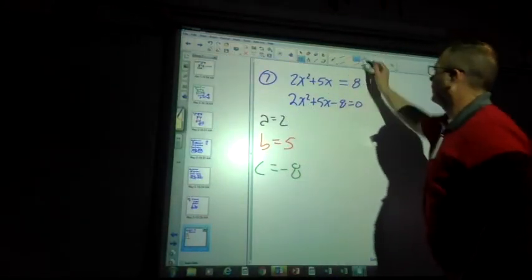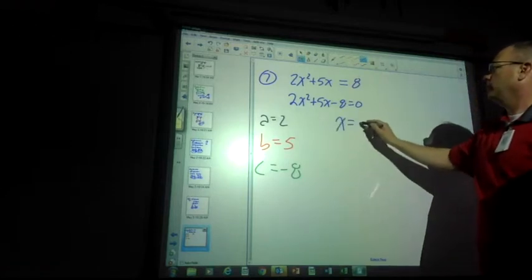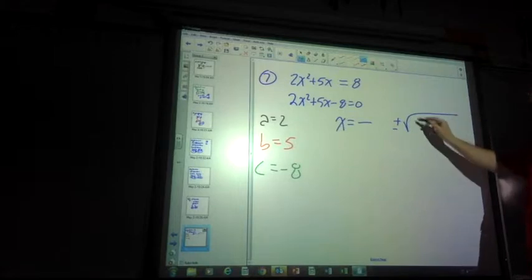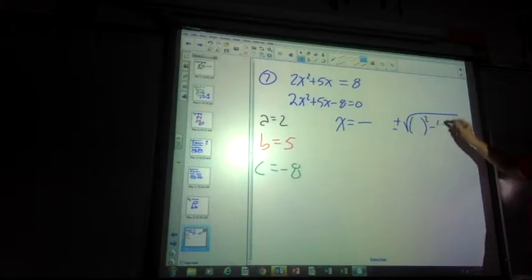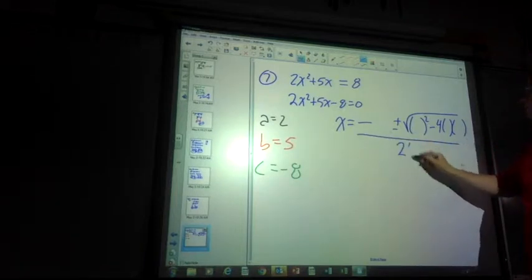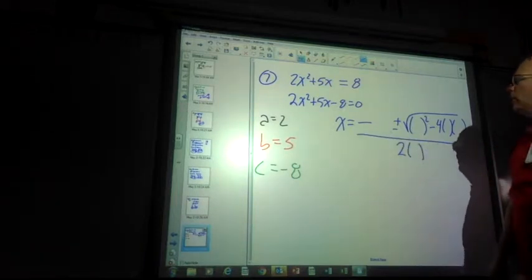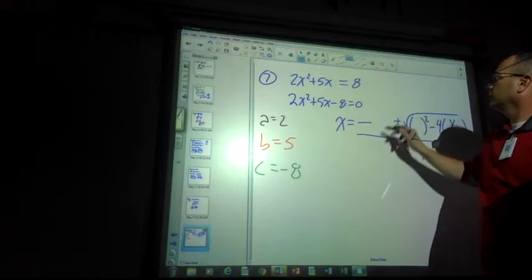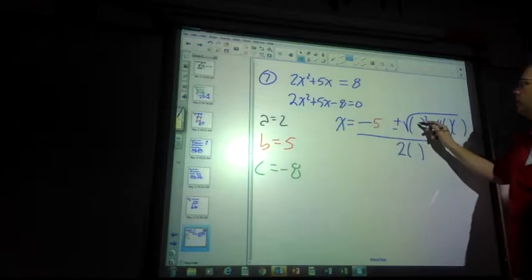And we know that x is equal to -b plus or minus the square root of b squared minus 4ac all over 2a. All right, what color is B? Red. So I get -5, right?